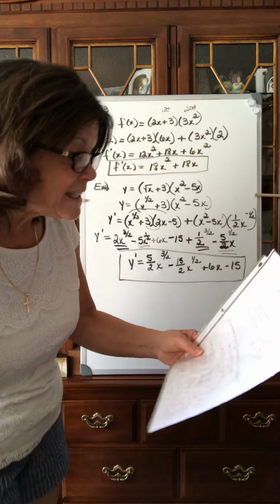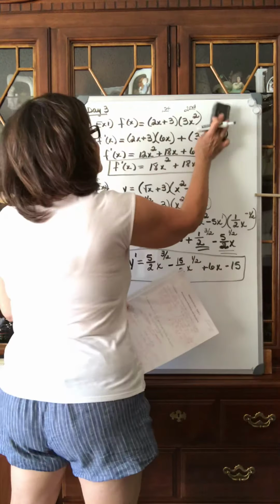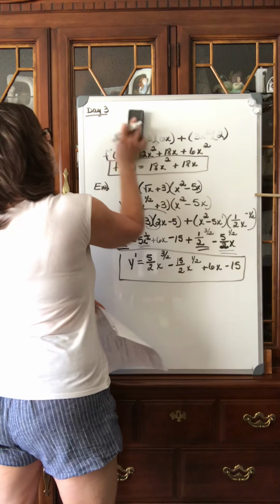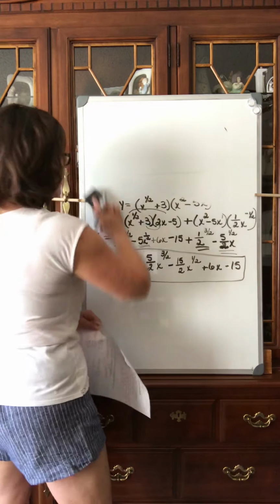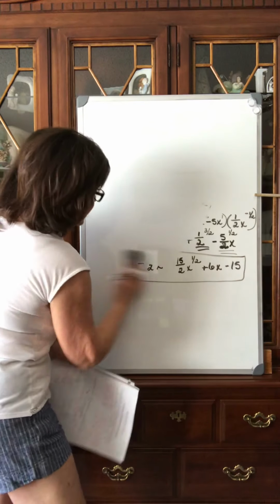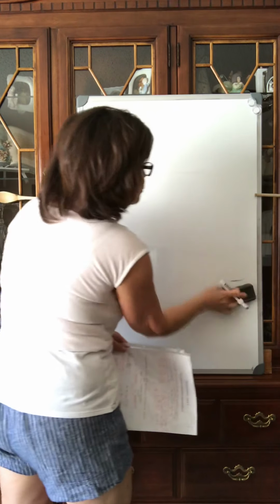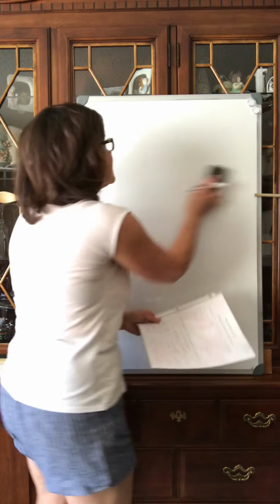Okay, then the next thing is the quotient rule. So you use the quotient rule when you have a function that's a fraction. And the way you find the derivative of a quotient is: it's the derivative of the numerator times the denominator, and then there's a subtraction, the derivative of the denominator times the numerator, divided by the denominator squared.